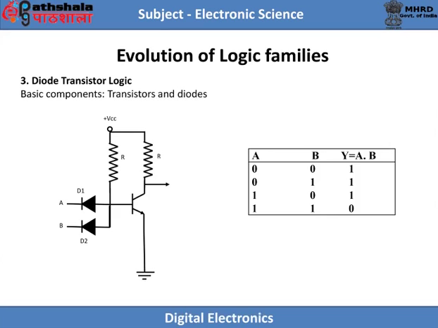Hence, if one of the inputs is at logic 0, output Y is at logic 1. On the other hand, if both inputs A and B are at high logic level, then diodes are reverse biased and transistor is on and the output is at logic 0. Thus, this circuit behaves like a simple NAND gate, that is Y is equal to A NAND B. Figure also shows the truth table of the above circuit.